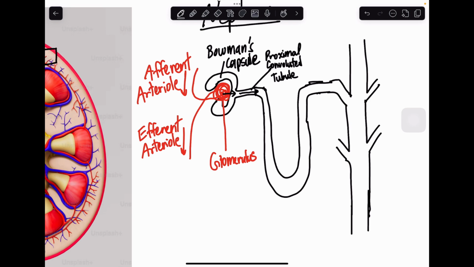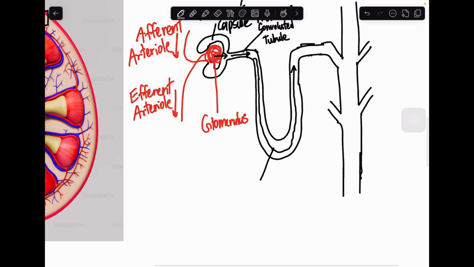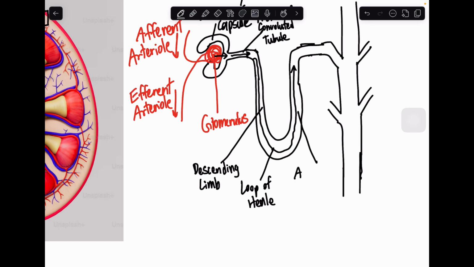And then, as the filtrate goes down through this loop is what's called the loop of Henle. And this loop of Henle has a descending limb and an ascending limb on the other side.